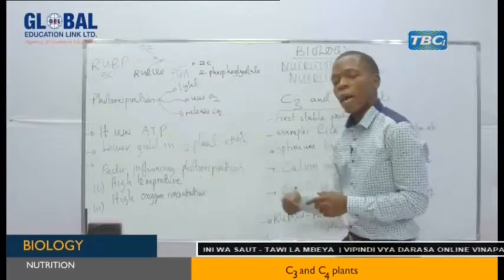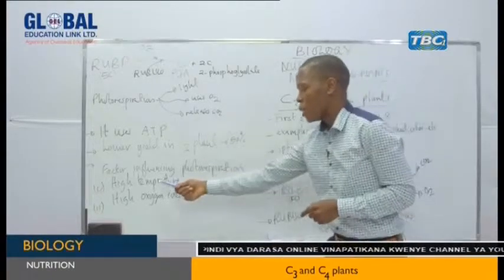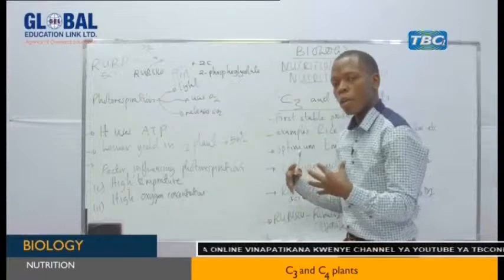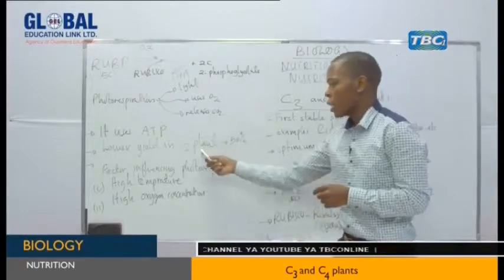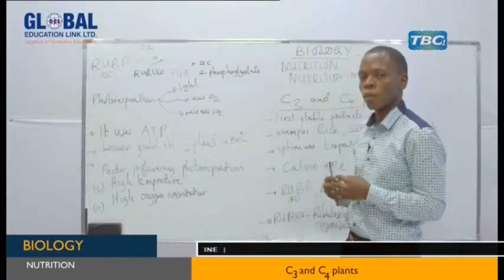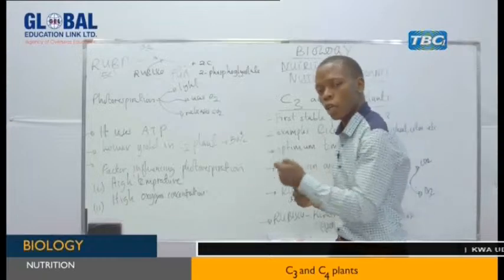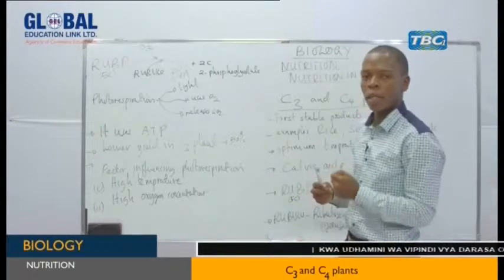Actually, we know at a high temperature, for C3 to survive, there must be a regulation of the opening and the closing of the stomata. Therefore, at a high temperature, the stomata of C3 plant close. And once they close, they reduce the amount of carbon dioxide which diffuses into the plant tissue.